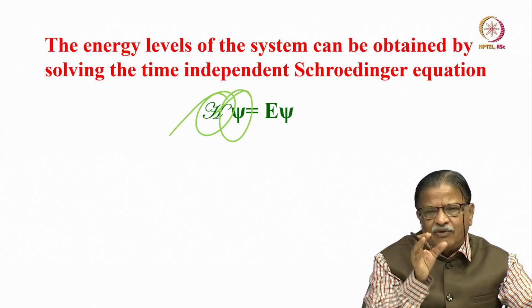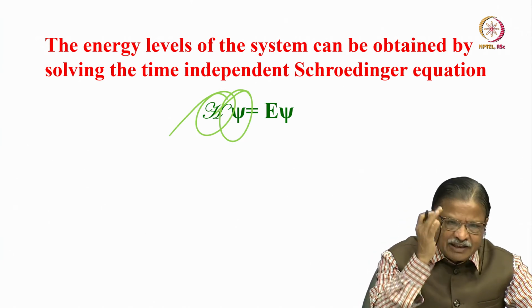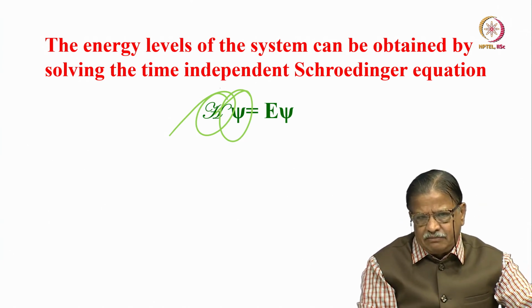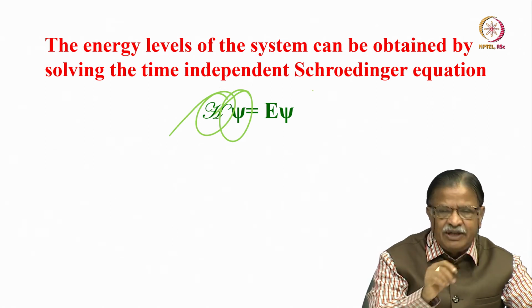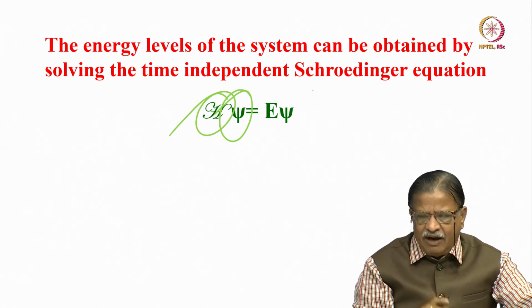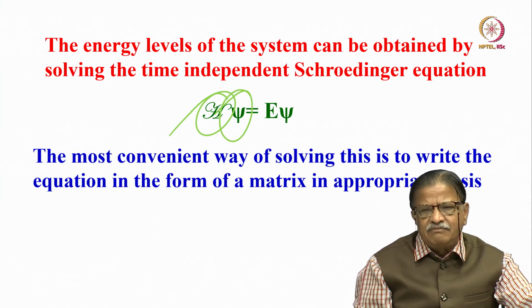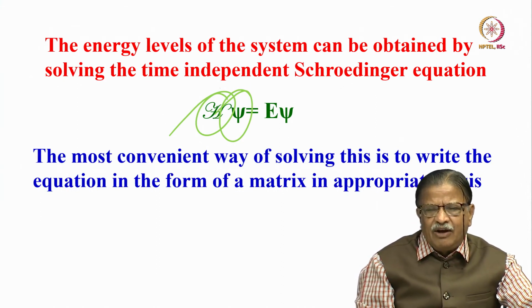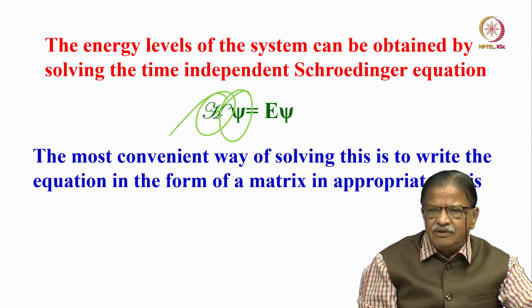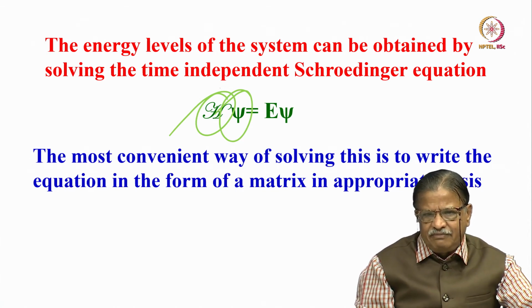In the basic quantum mechanics you would have studied, you have to solve the time independent Schrodinger equation, that is H psi equal to E psi. Then you solve it, and you are going to get eigenvalues and eigenfunctions, everything. That is the basic thing.